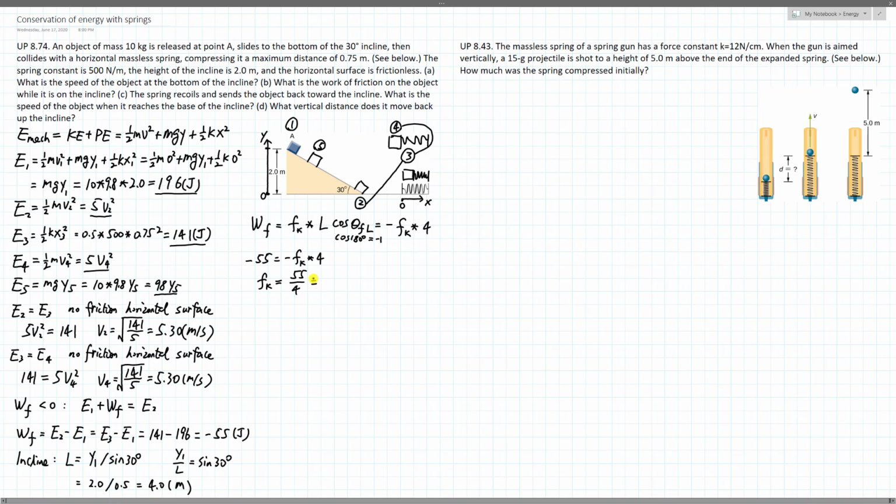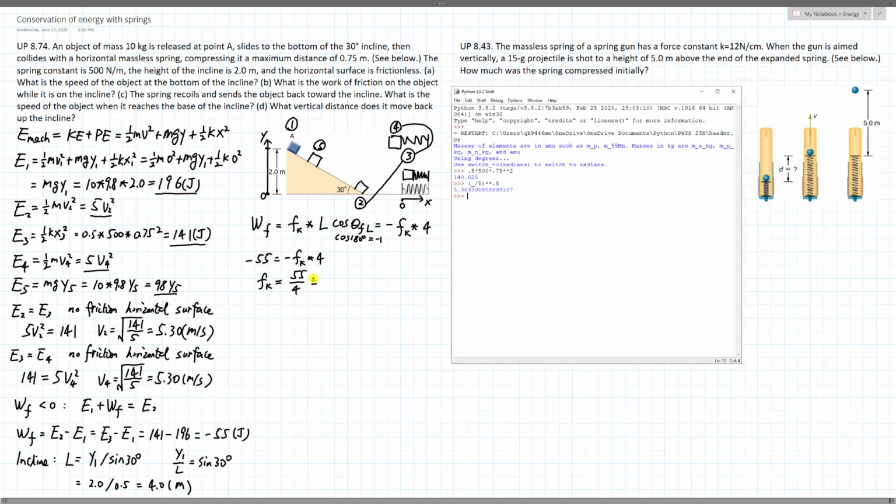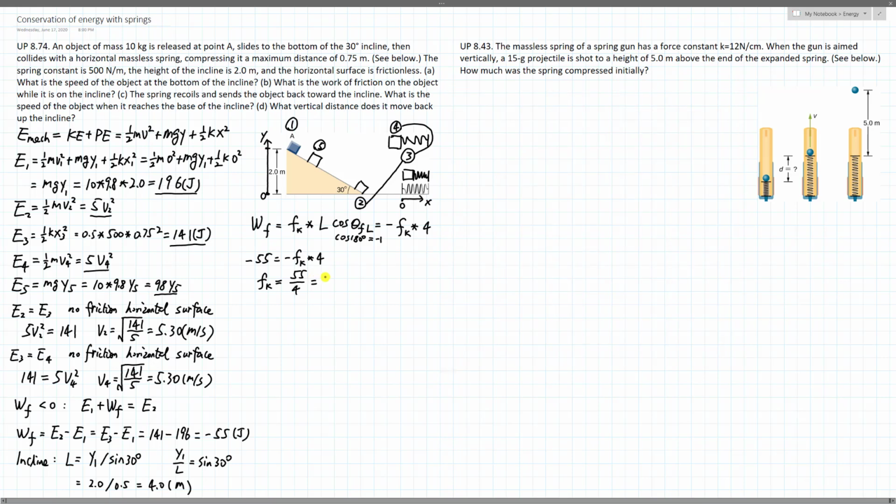Let's calculate that. Hmm. 55 over 4. So 13.8 newtons of frictional force. Okay, so now we have friction. We can calculate how much work is done on the way back up.